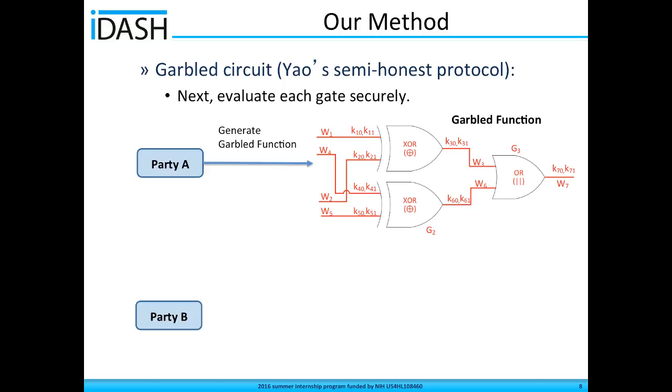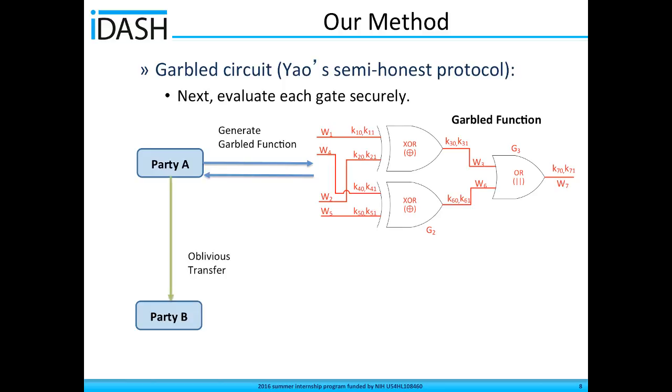We can see there are the cases in these circuits, and that is a simple mapping scheme designed by A. So party B does not know how party A designed the mapping schemes.